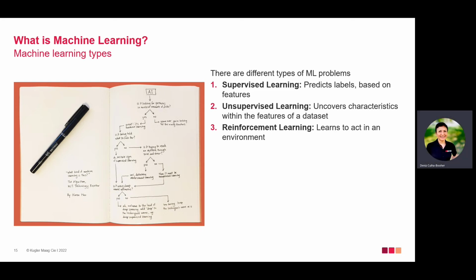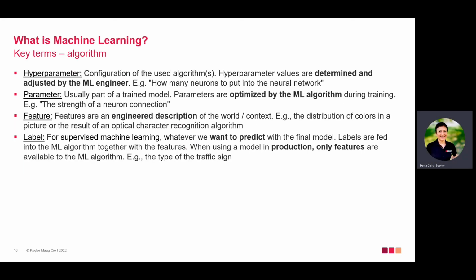If we talk about the algorithm, which is the core, it comes with parameters. There are parameters, part of this algorithm, which are adjusted. There are parameters and there are hyperparameters.